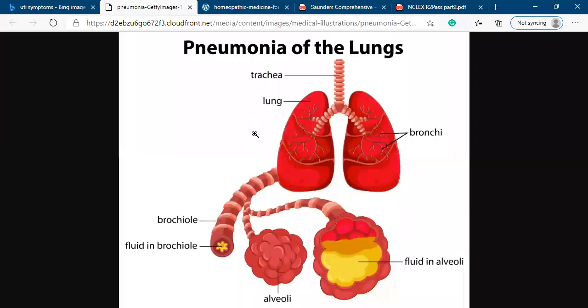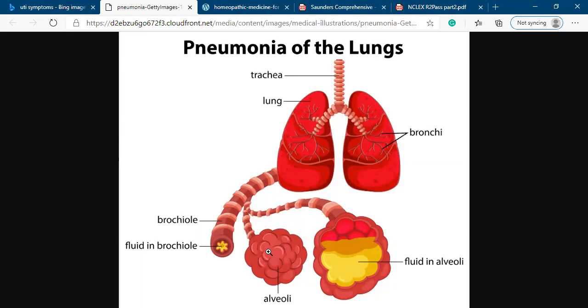Same as if anybody has a very bad pneumonia. Pneumonia is an infection in both lungs. This is the lungs where we can see the bronchi, then the bronchioles, and finally they end in the alveoli, where the gas exchange occurs.